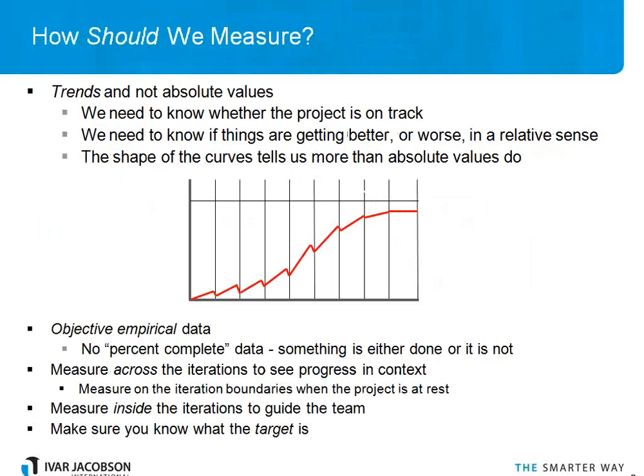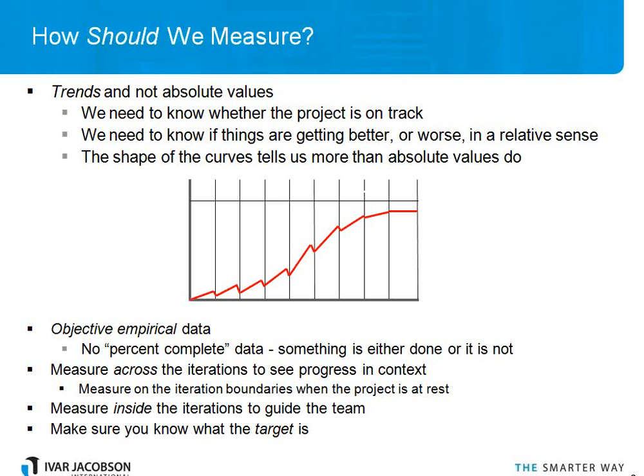So when we're looking at measuring our iterations, how should we go about measuring these things? And the most interesting thing to help us with steering a project is to look at the trends. It's all about how does this iteration compare with the previous iteration, compare with the one before that, and based on those observations, what do we predict for the future iterations?